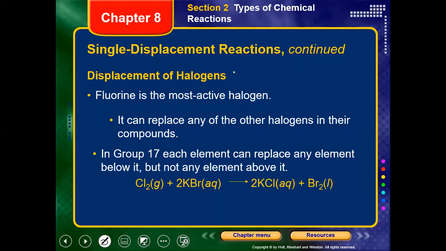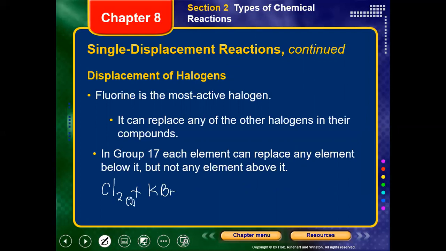for example, Cl2 plus potassium bromide. I'll write the equation to explain it. Cl2 plus KBr, gas dissolving in water. We said the sequence as per the periodic table: F2, Cl2, Br2, I2.